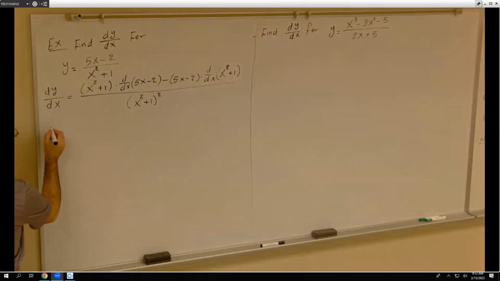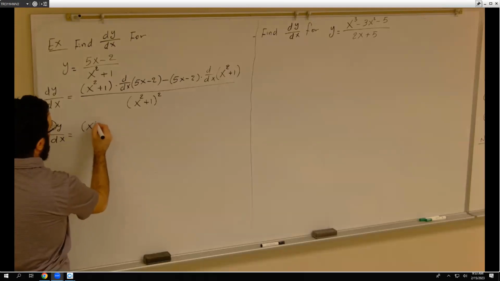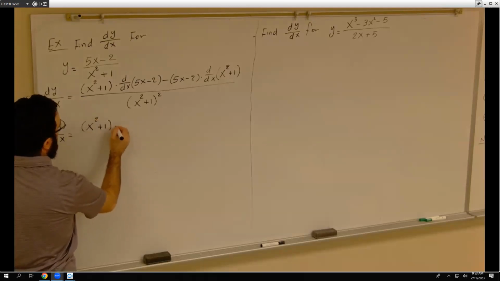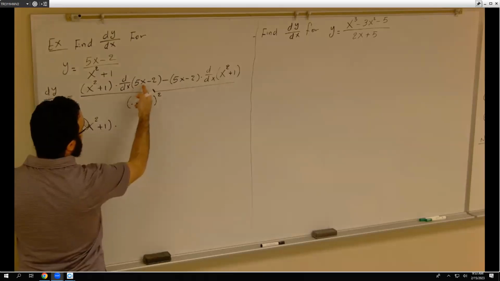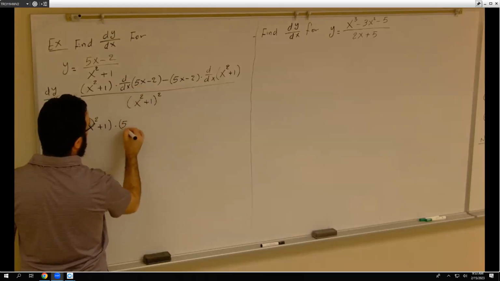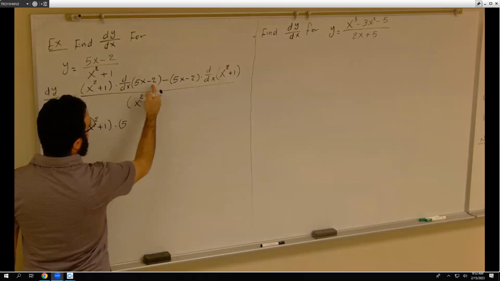Now, next step is going to be dy over dx equal. Here is g of x, which is x squared plus 1, times the derivative of 5x minus 2. The derivative of 5x is going to be 5. The derivative of -2 is going to be 0. So the only thing is going to be just 5.